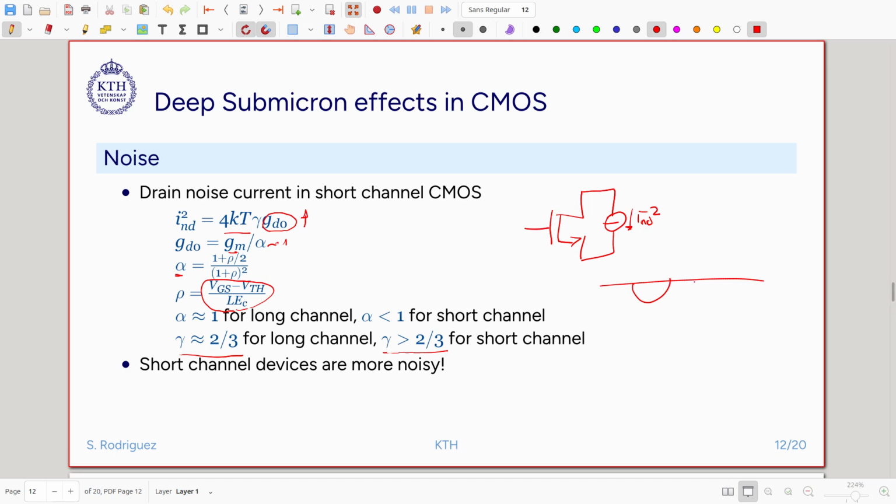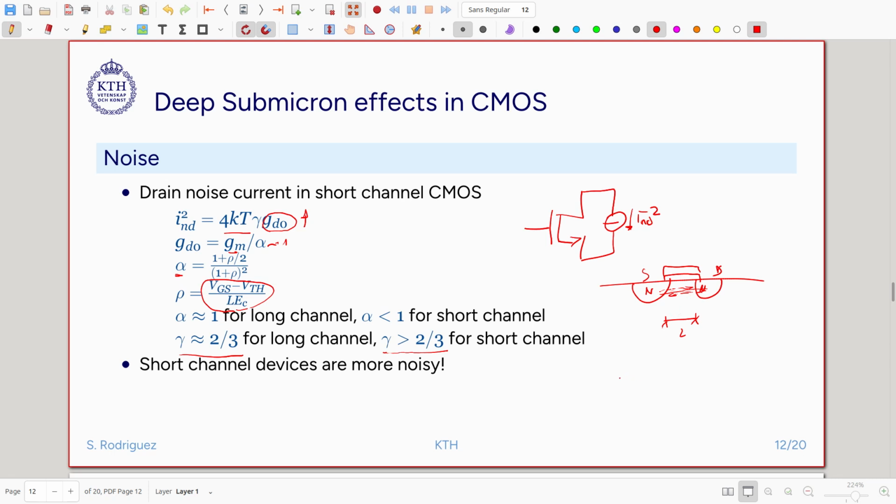because we have our transistor here. The shorter the length, the easier it is for the noisy charge to go from the source to the drain or from the drain to the source, just to jump if they have enough thermal energy. So there will be more noise.